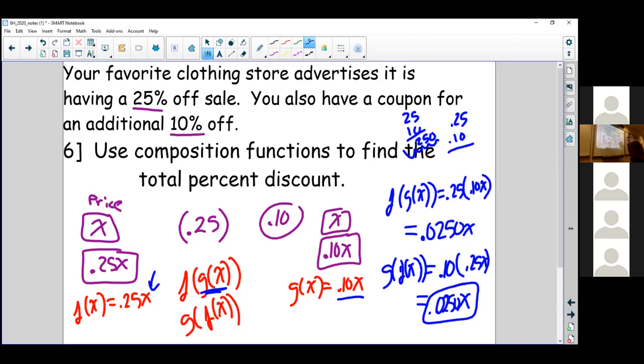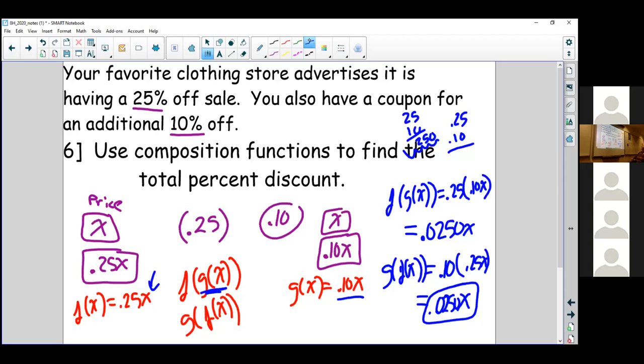So if there was a piece of clothing that originally was worth $100 and you got 25%, you'd pay $75. If it was 10%, you'd pay $90. If you had the composition of the two, you'd go 0.025 times 100, so that means your shirt is 2.50 off.